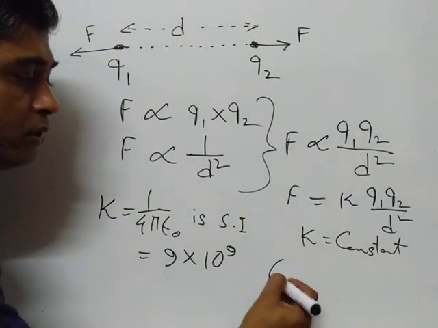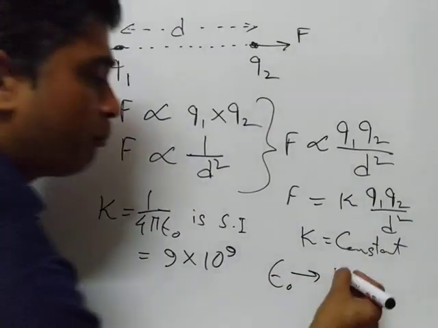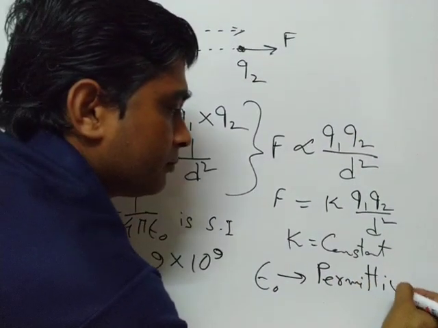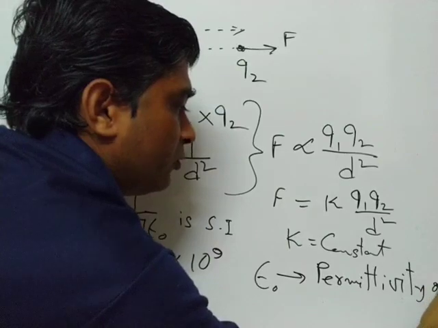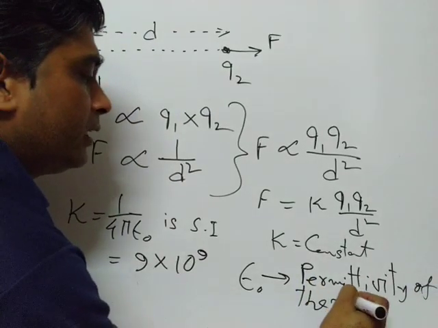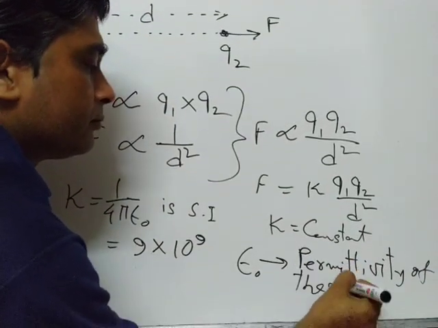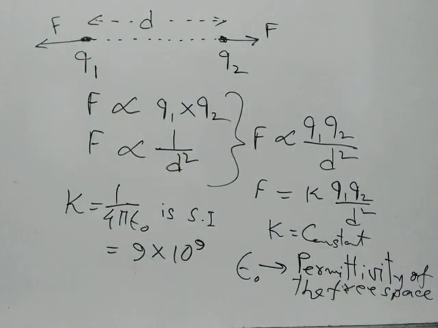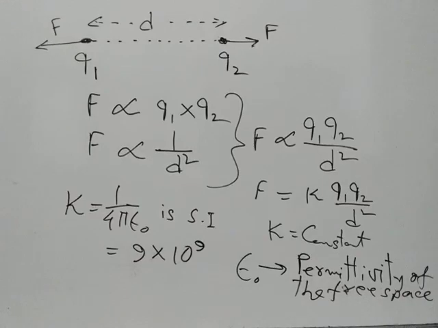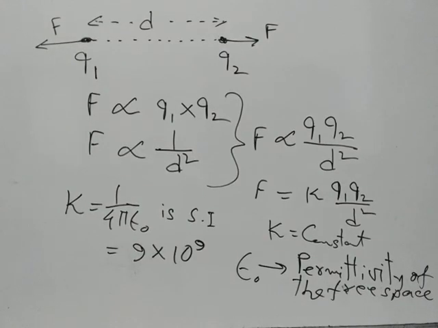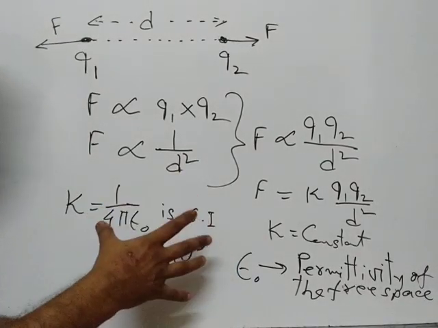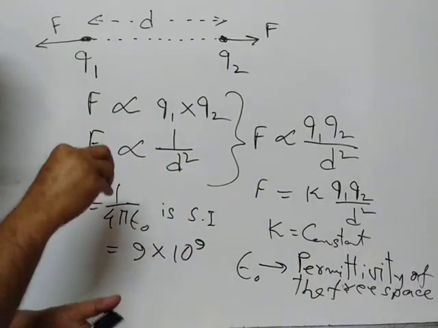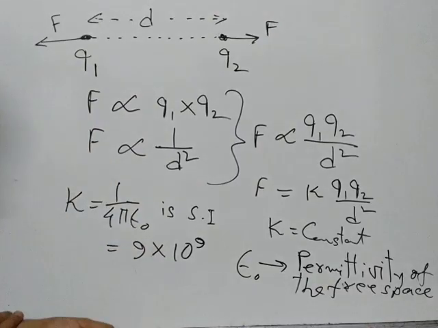And what is epsilon 0? Epsilon 0 is the permittivity of the free space. This equation holds when these two point charges are situated in vacuum or in air.